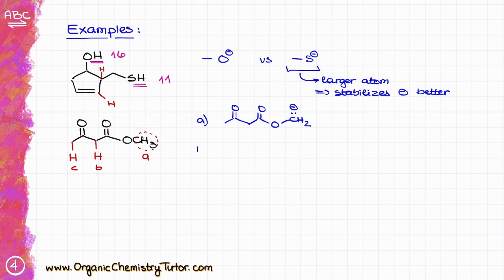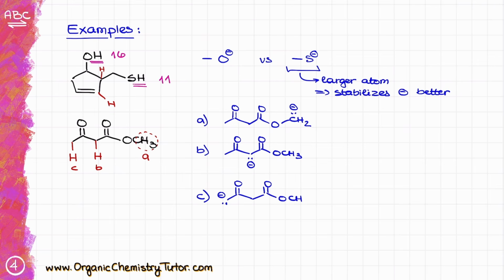In the case of B, I'm going to end up with a negative charge in between two carbonyls right over here, and of course I'm going to draw the rest of my molecule. And in the case of the version C, I'm going to end up with the negative charge on the edge of my molecule next to a carbonyl like that.